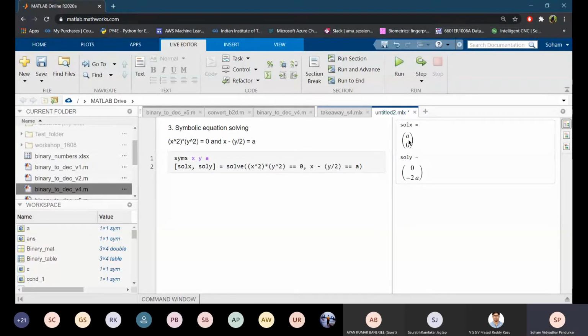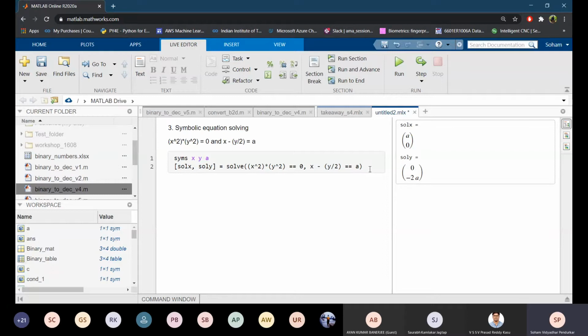See, now it is giving out a, 0 and 0, minus 2a. What are these? These are two solutions. One solution is that x is equal to a and y is equal to 0, and another solution is 0 and minus 2a. So these are two solutions for x and y, and a, as you can see, is kept as a constant here.